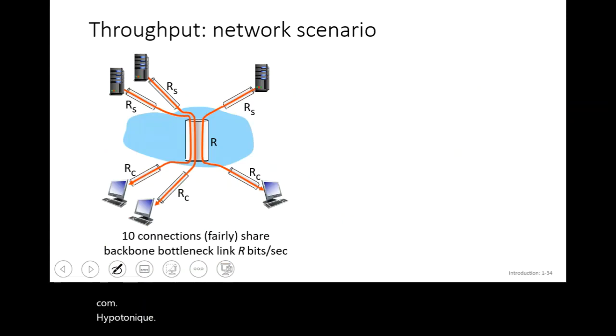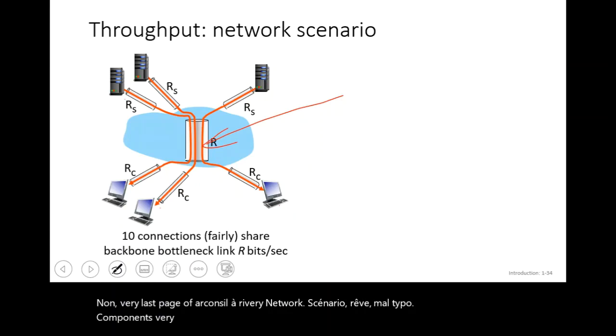All right. Now, this is the very last page of our course here. We have a network scenario. We have multiple components that are basically ganging up together, and a very big pipe here. We have a couple of connections.